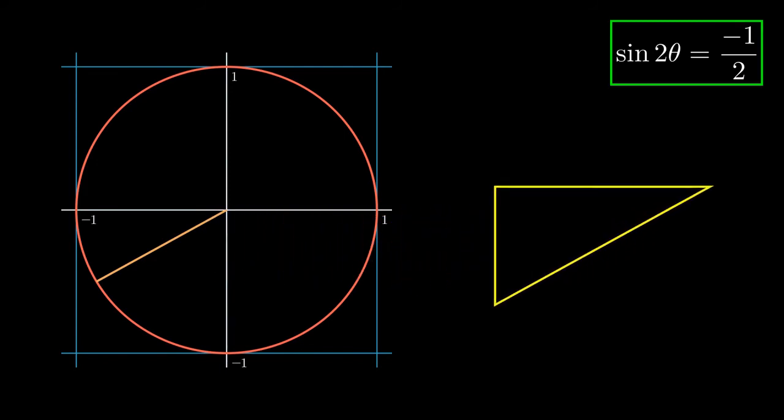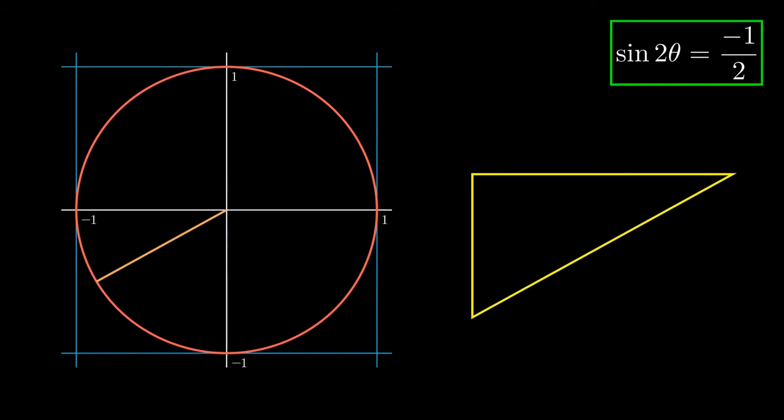Also known as the 30, 60, 90, but we're using radians here, so that's what it looks like in radians. You notice that the sine in that triangle is negative 1/2 over 1. So the sine of that angle is negative 1/2. That's good. Slide it back in.